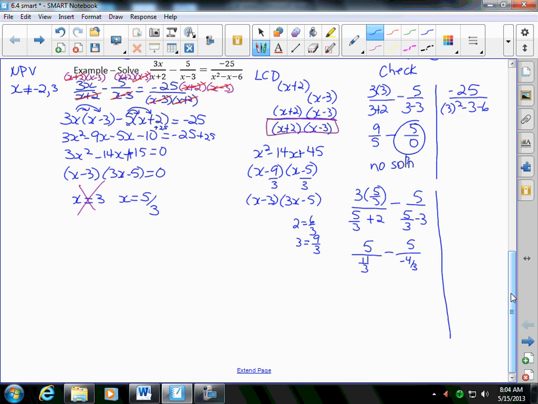To continue with my check, this is 5 divided by 11/3, which is the same as saying 5 times 3 over 11, minus 5 divided by negative 4 over 3. That's like saying 5 times negative 3 over 4. So 5 times 3 would be 15 over 11 minus 15 over 4.